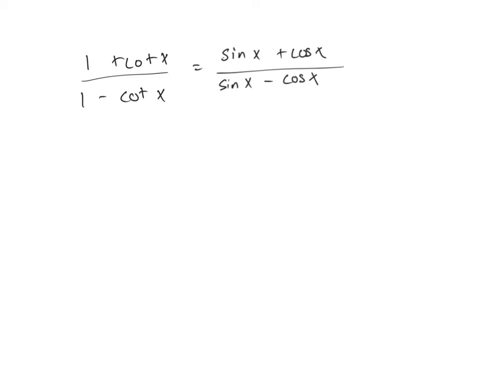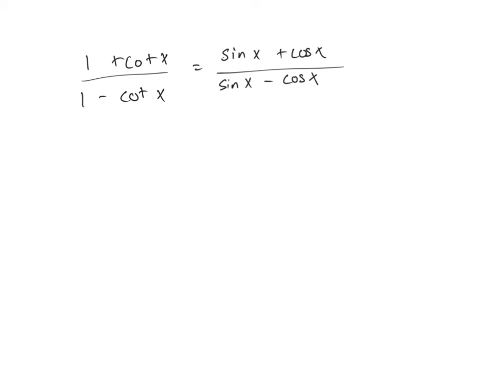In this particular case, we can do either left or right. It doesn't really matter which one we do. So I'm so used to doing left already, so let's do the left and change cotangents to sine of x, cosine of x.